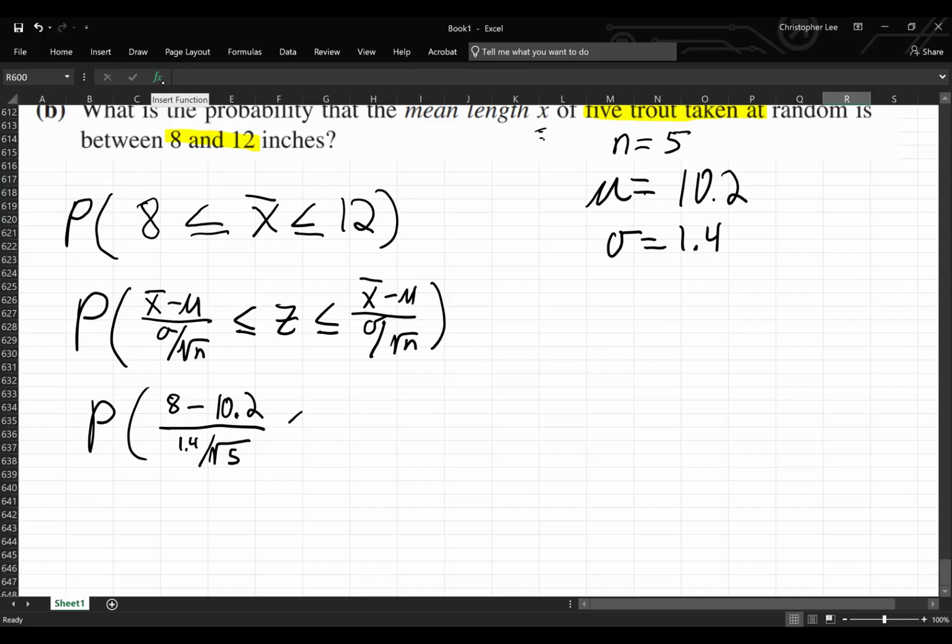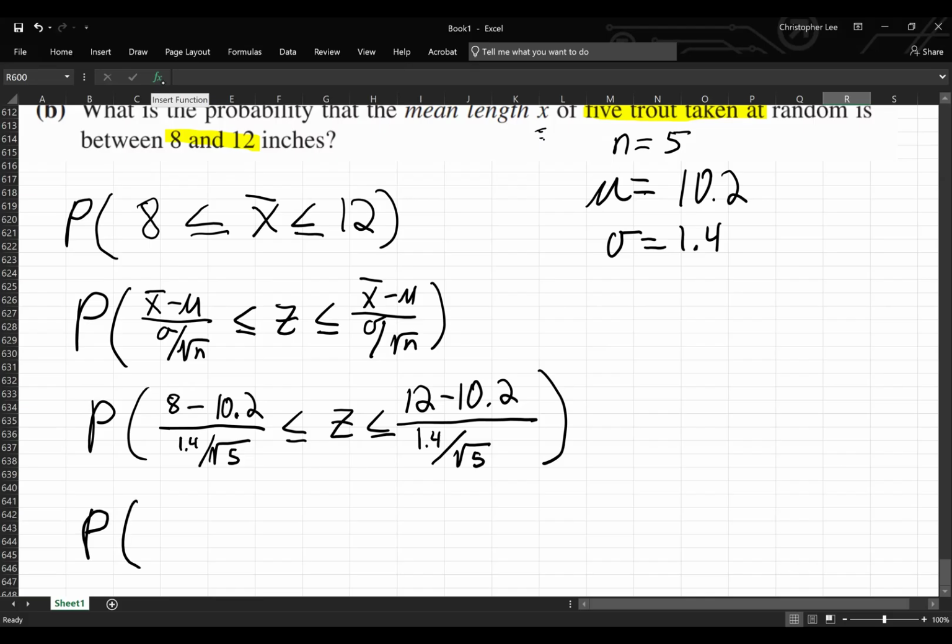Less than or equal to Z, less than or equal to, now this is 12 minus the mean, which is 10.2, over our standard deviation, which is 1.4, over our square root of 5, right? After that, plug it in the calculator, and then we're back to what we were just doing before, right? So let's look at how to plug this in the calculator real quick.